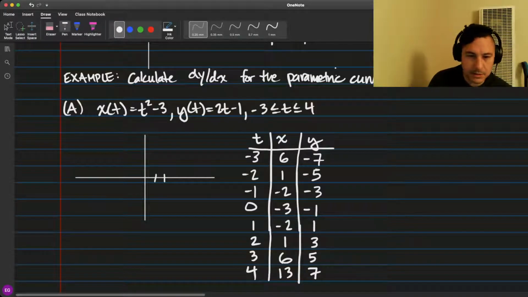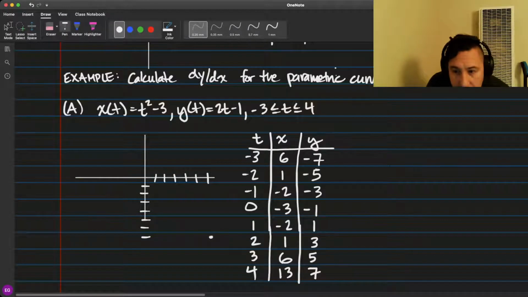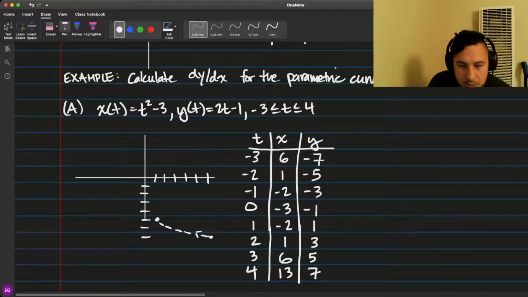So 1, 2, 3, 4, 5, 6, negative 7. 1, 2, 3, 4, 5, 6, 7. So you get a point right here, and then you get 1 comma negative 5. That's right here. So you're going in this direction. Okay, and then you get negative 2, negative 3. That's over there.